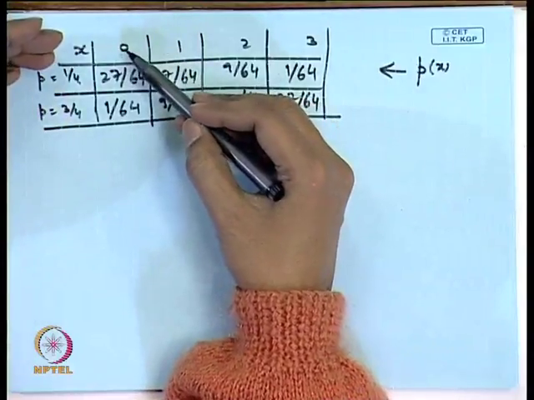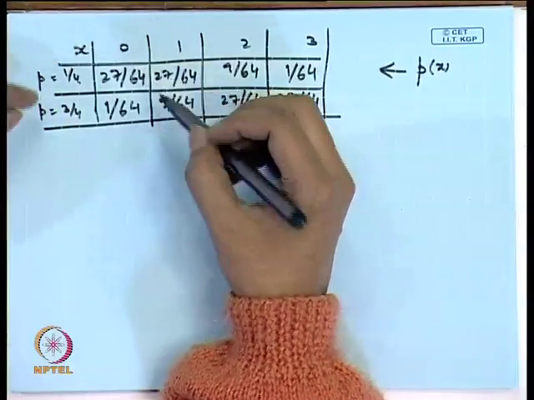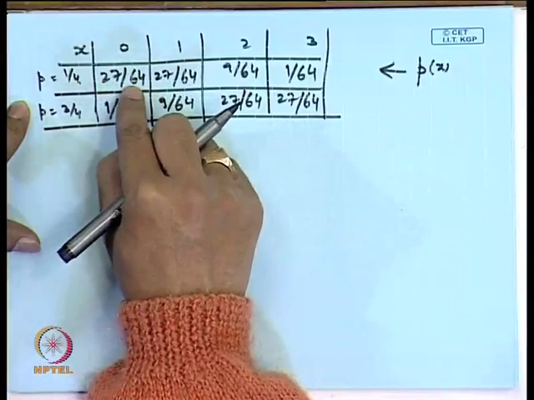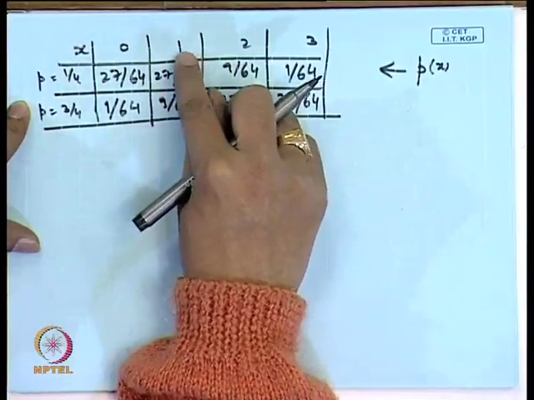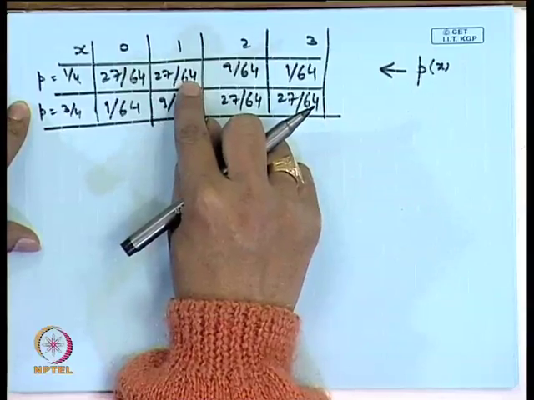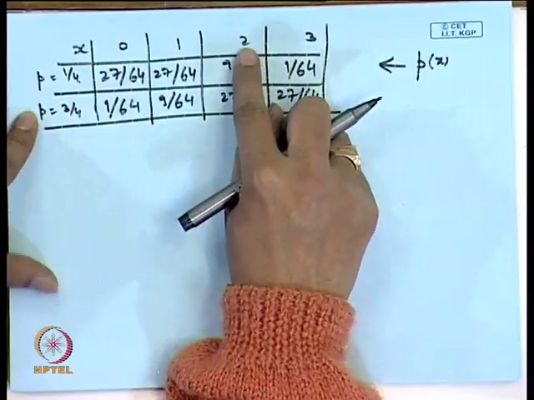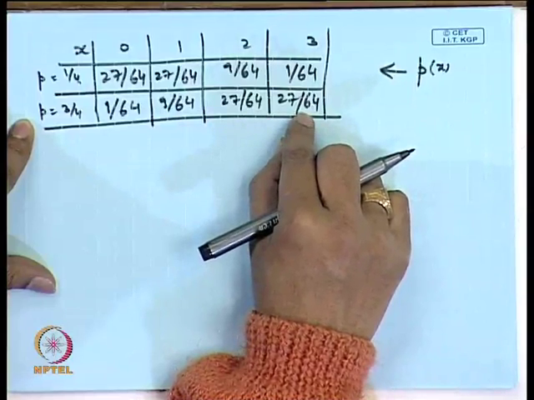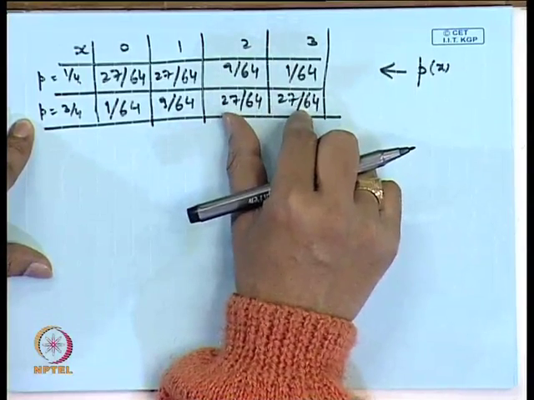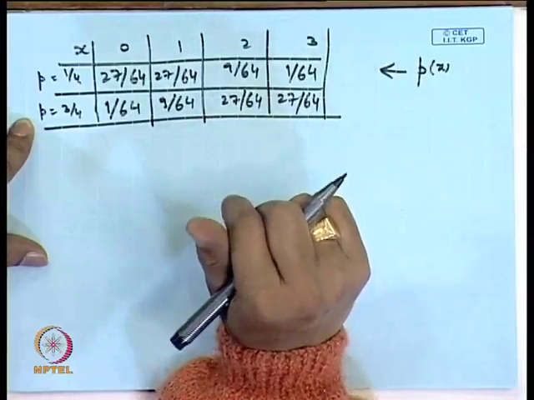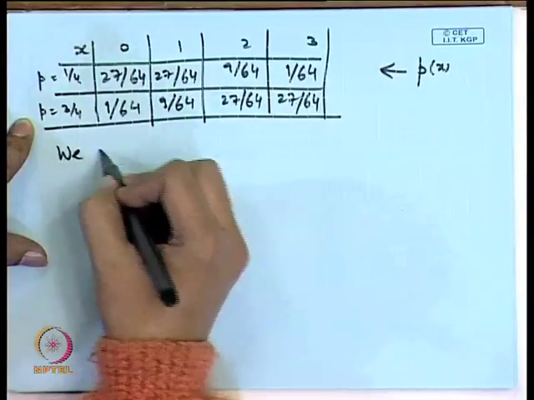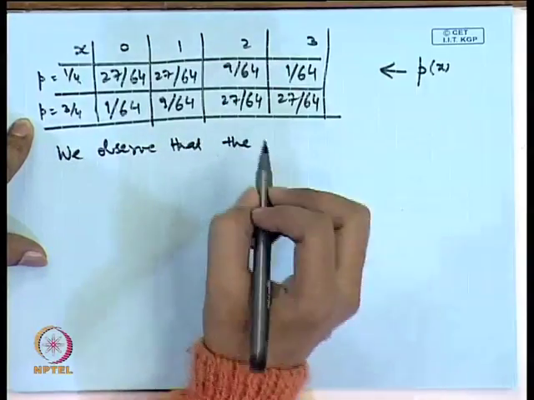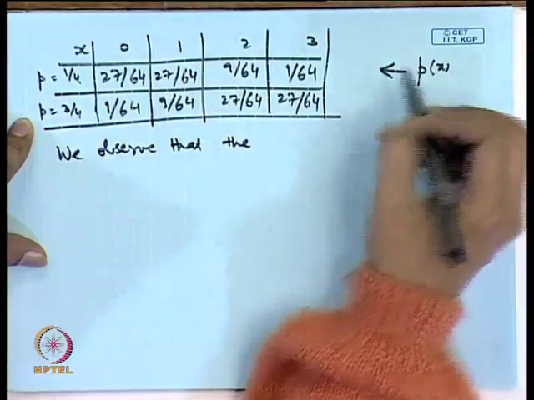Now, you see, if x is equal to 0, then p equal to 1/4 gives a higher likelihood. Similarly, if x is equal to 1, p equal to 1/4 gives a higher likelihood, whereas if x is equal to 2 or 3, p equal to 3/4 has a higher likelihood. So, based on this discussion, we may write our estimators as, we observe that, this p(x) now I am calling the likelihood.